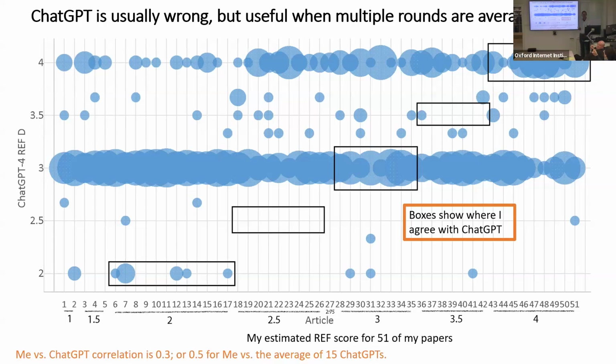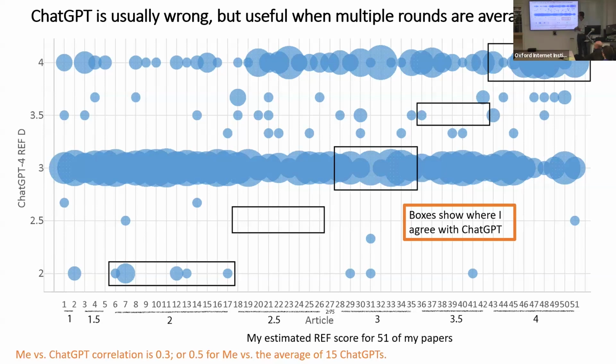And why would it give a different score in a different round? It's because it has randomness built in. So if you ask it the same question twice, I'm sure you've noticed, if it's a fairly straightforward question, you'll get the same answer phrased in a different way. But if it's a more complex question, then you can get a different answer, also phrased in a different way.